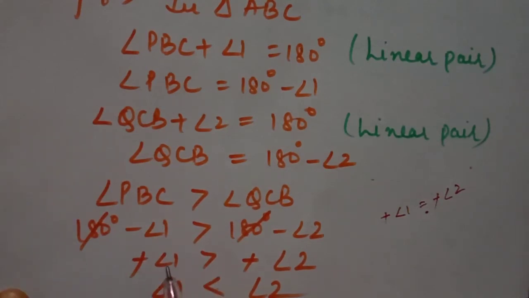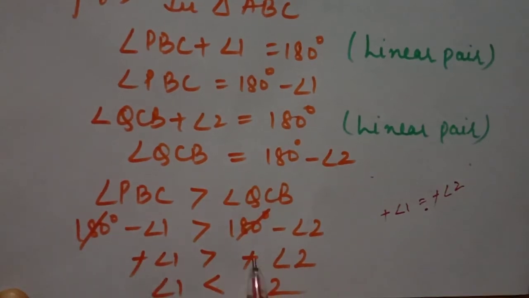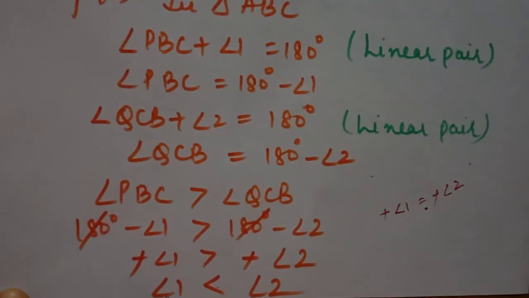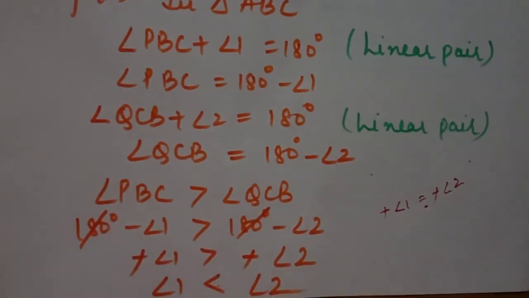Here we have the greater than sign. Minus angle 1 is greater than minus angle 2. When we cancel this minus sign, we will turn the sign to the other side. Now angle 1 is less than angle 2. Now we have a relation between angle 1 and angle 2, so the opposite sides of these angles also have a relation.